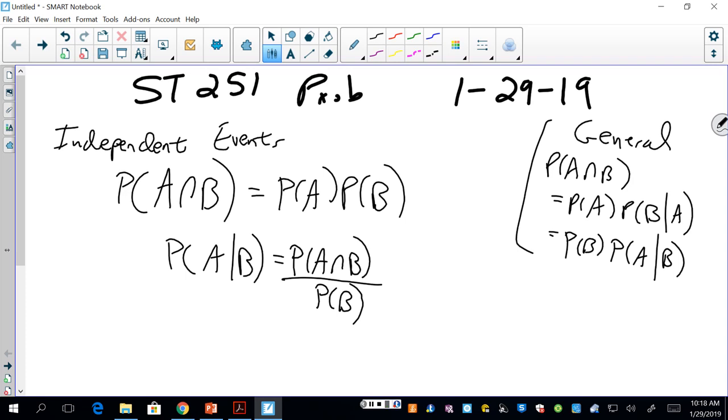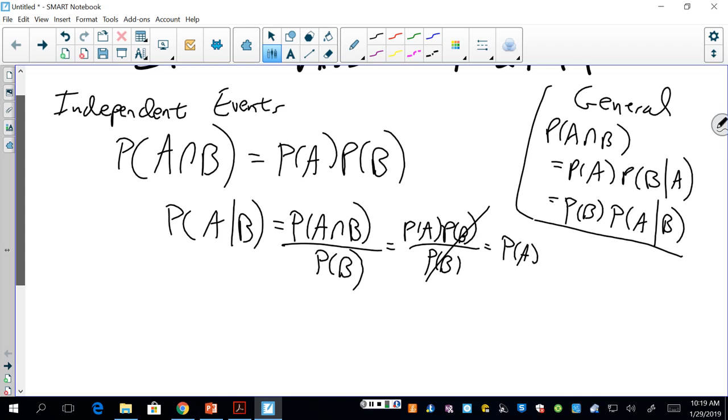And if this simplifies according to this definition, then one of these probabilities cancels, and we're just given the probability of A. So if B has happened, it doesn't change our chances of A at all. You would get the same type of simplification conditioning on A, asking questions about B. A won't change our assessment of the probabilities.